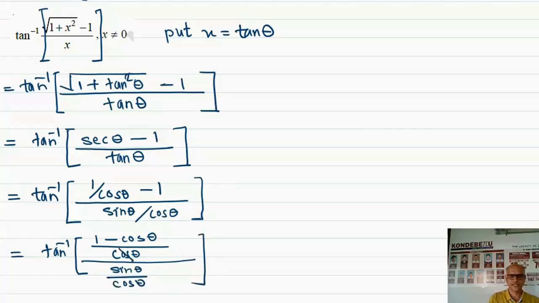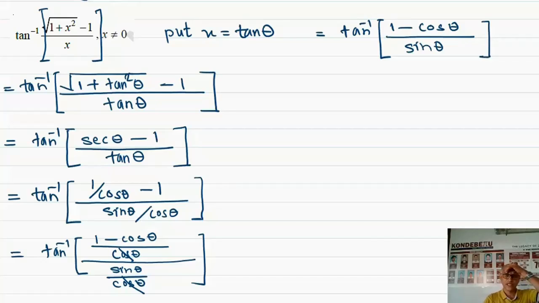Now this cos gets cancelled. So you now have tan inverse of bracket, numerator 1 minus cos theta and denominator sin theta. Now apply the half angle formula to both the numerator and denominator. Tan inverse, 1 minus cos theta by the half angle formula will be 2 sin square theta by 2.